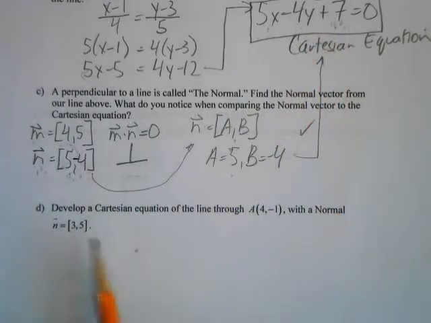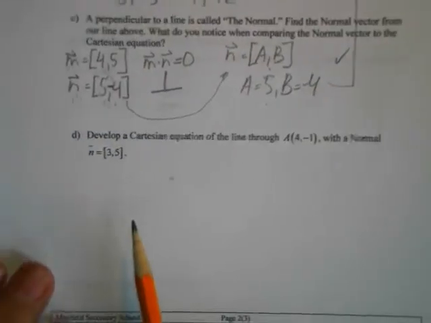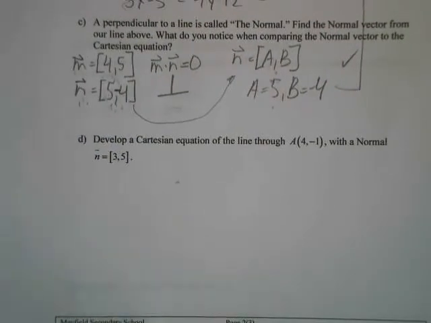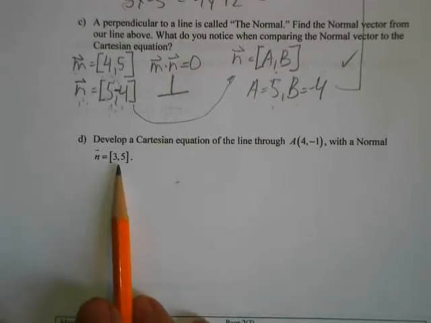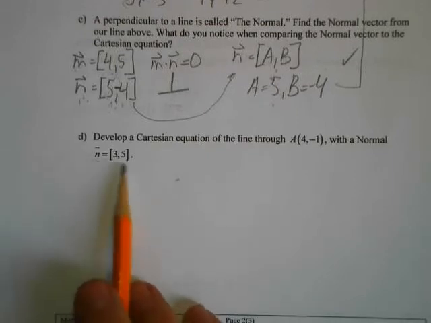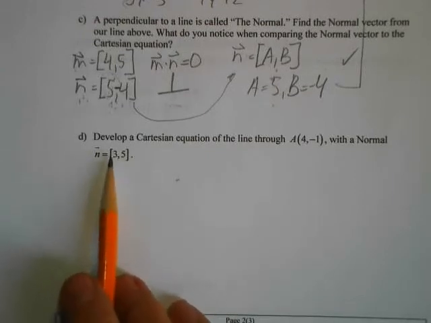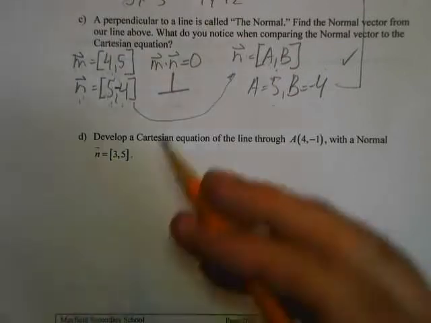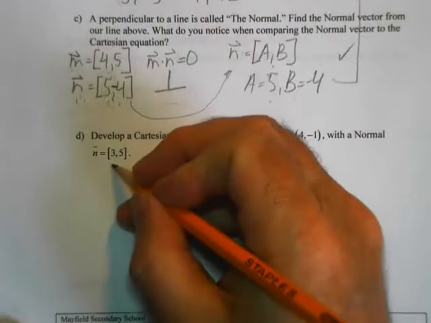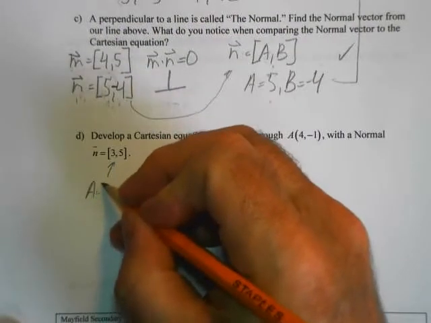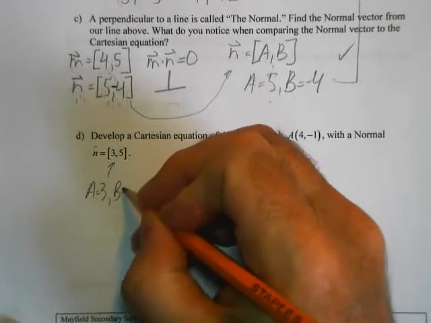Okay, so now the last part is basically doing what I just talked about: develop a Cartesian equation of the line through 4, -1 with a normal of 3, 5. So we don't even have to do the negative reciprocal. This is the normal. So we know that A is equal to 3, B is equal to 5.